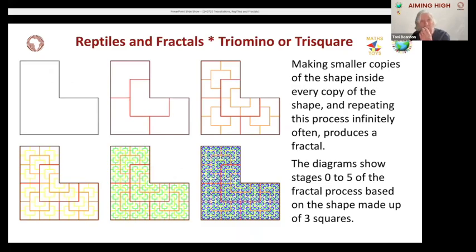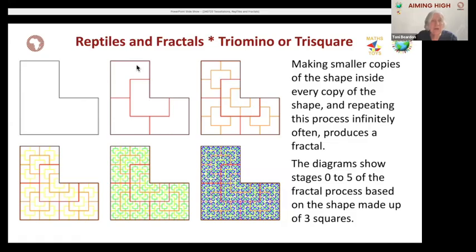Now here, what you see is an example of a fractal. So remember I said a fractal is a shape which has within itself many copies of the same shape at smaller and smaller levels, and that process can go on forever.